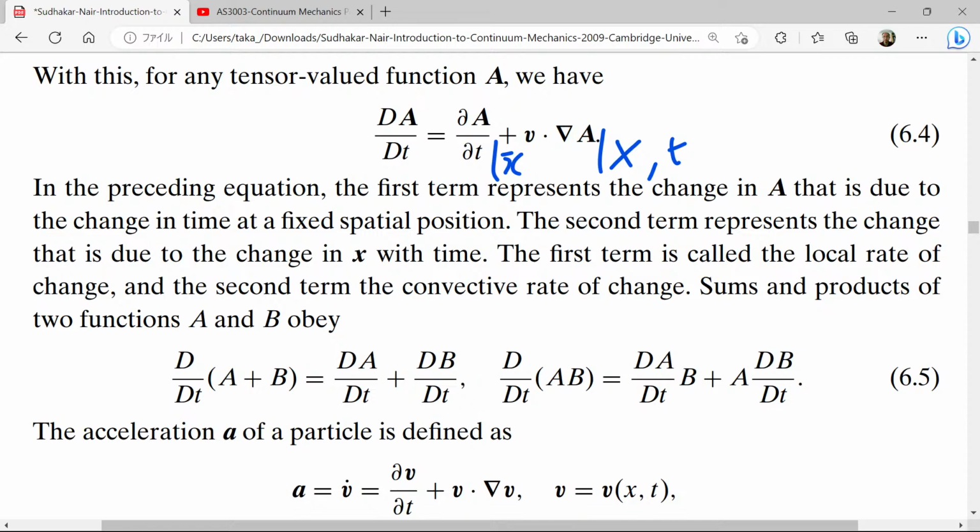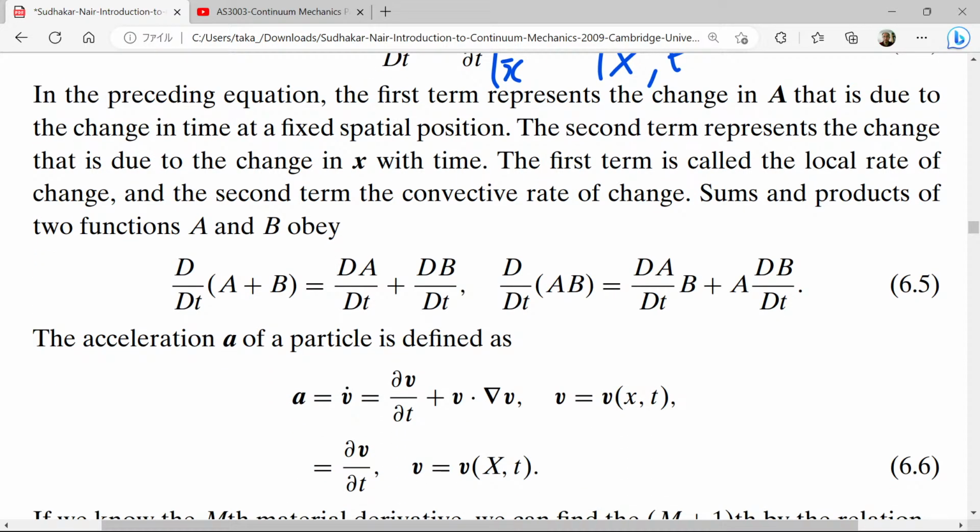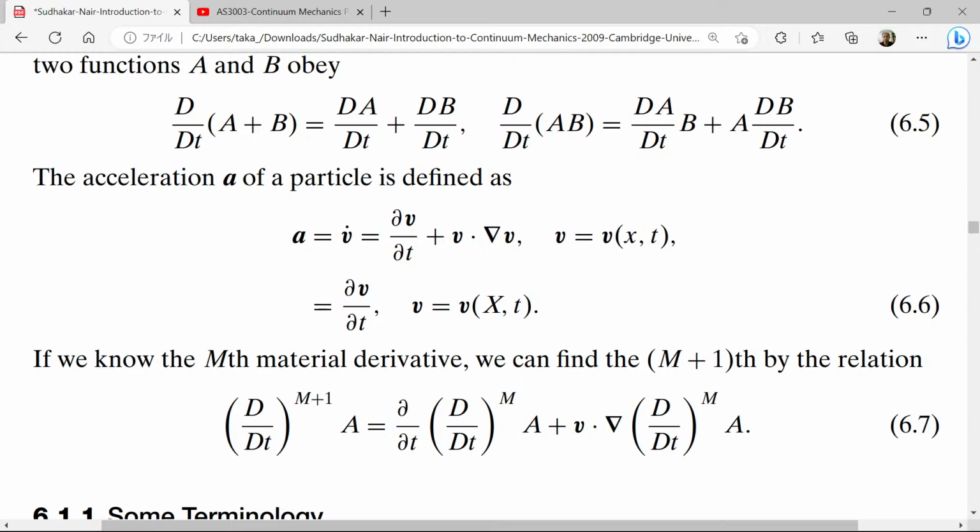The acceleration a of a particle is defined as the time derivative of v, v dot, which is partial v partial t plus v dot gradient v, where v is a function of small x and t, equal to partial v partial t if v is a function of large X and t.